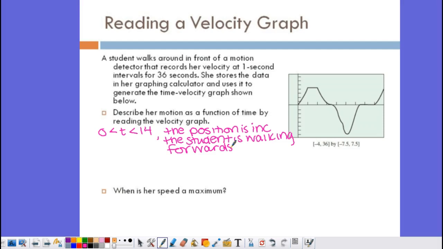From 14 to, what do you think? 28. 26. Yeah, probably 26. From 14 to 26, the graph is negative, therefore the student is what?